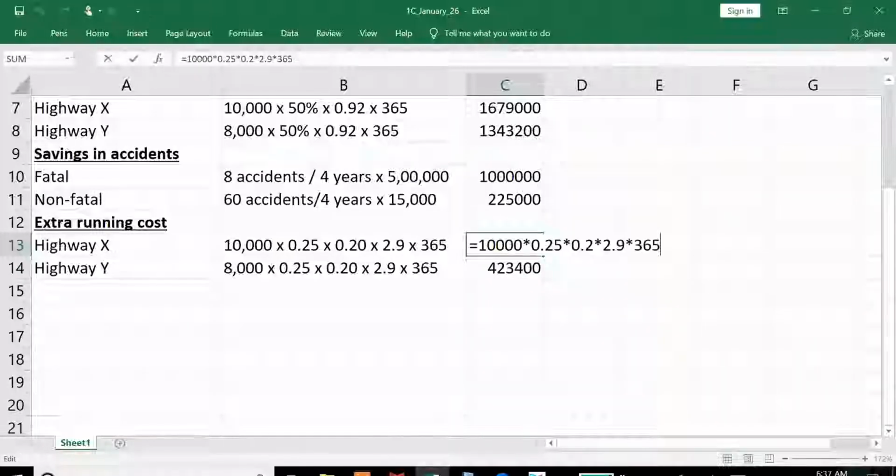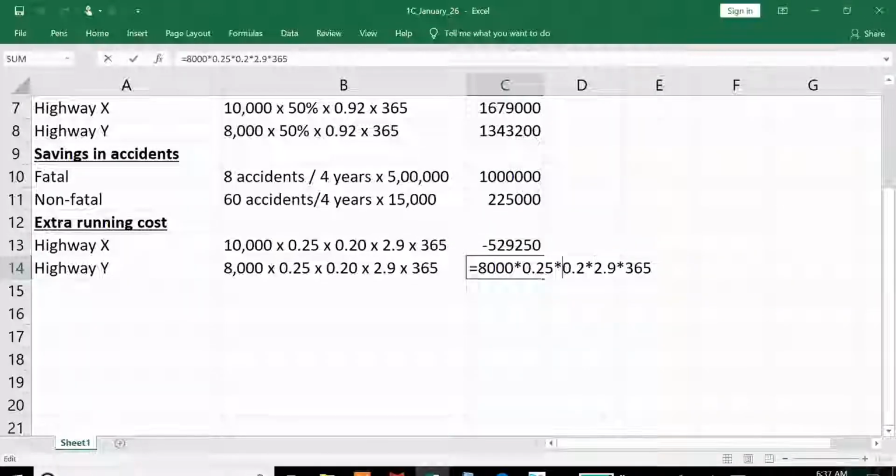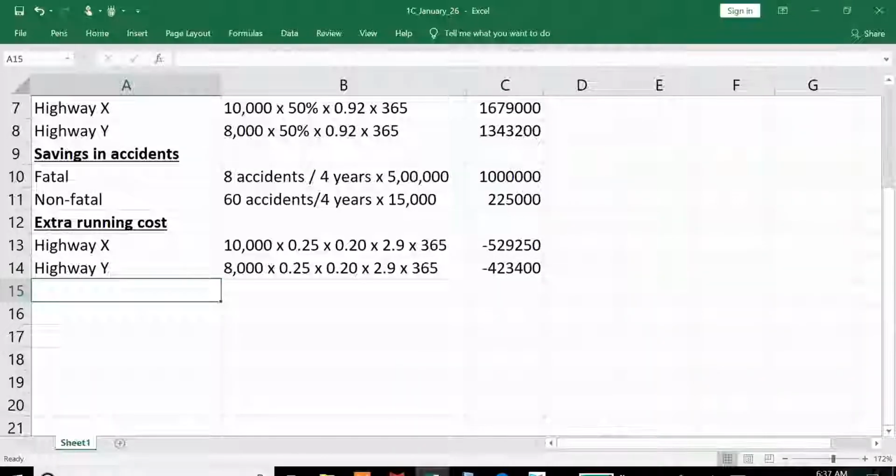You can put this as negative because this is an extra cost. 10,000 vehicles into 25% of the kilometer, 20% of the distance, 2.9 and 365.